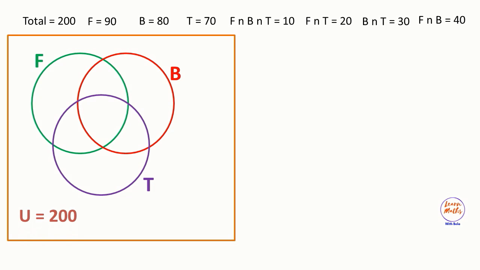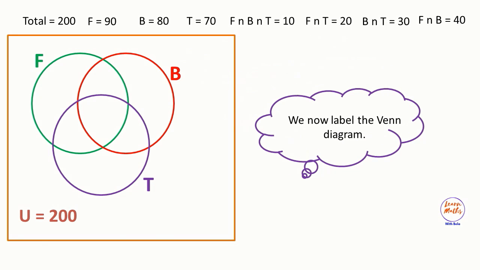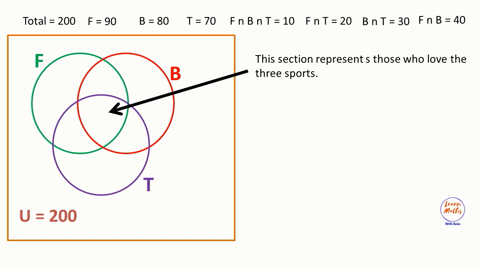Now, we want to know the number of students who love only football. So we want to label the Venn diagram. So we'll start with the number of students who love all the sports, and that section where all the circles meet is where you have the number of students who love all the sports.